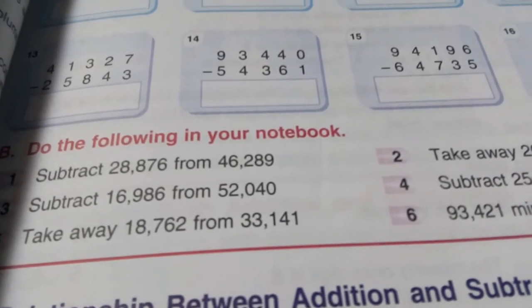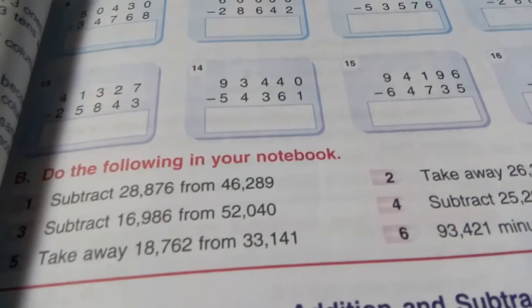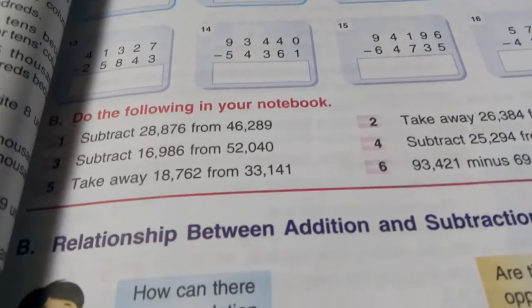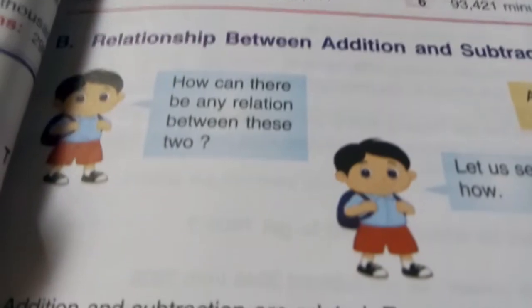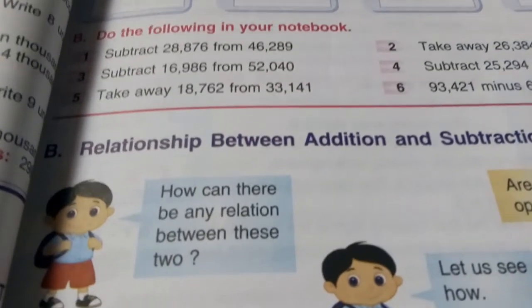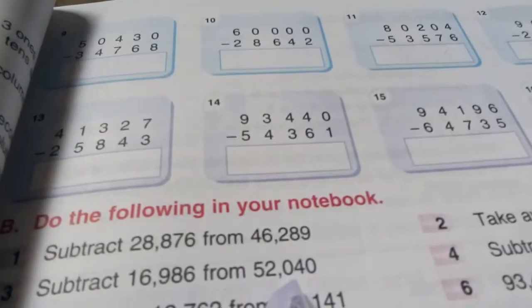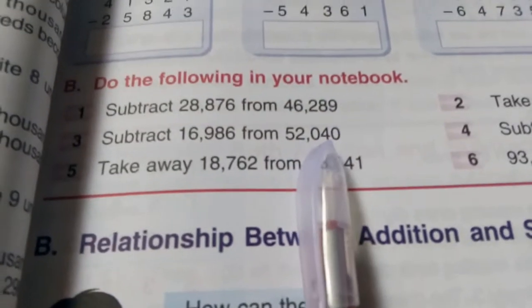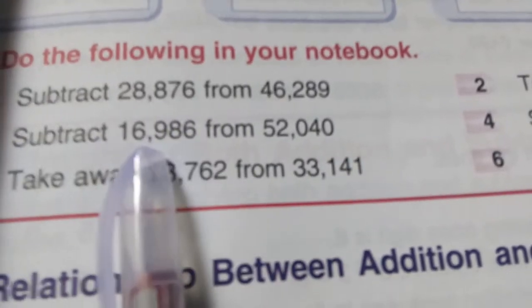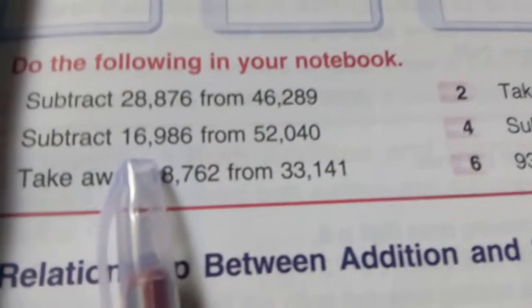It is only 40. And since here also "from" is written, the number which is at the back, in the second position, you will write on the top, and the number which is first you have to write at the bottom.